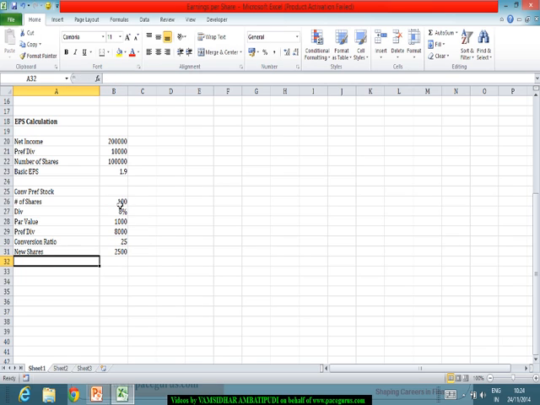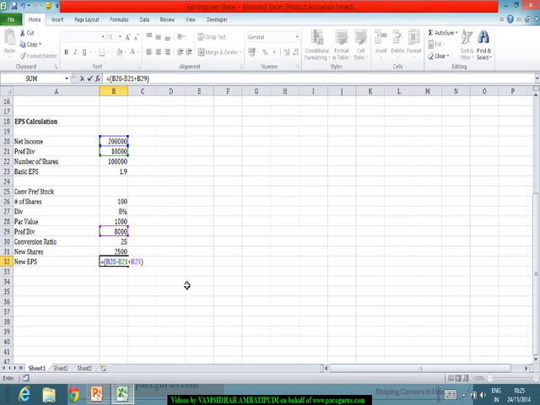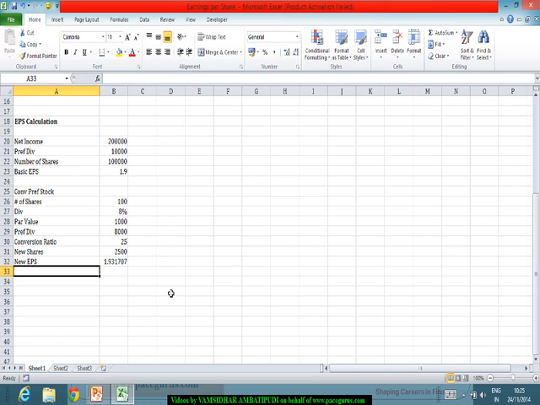The new EPS which I have to look at now is the net income earlier, minus the preference dividend that was there, plus the preference dividend which is coming back because of this mechanism, divided by the weighted average number of shares that were there earlier plus the new shares that have come out because of this conversion process. This results in a new EPS of 1.93.